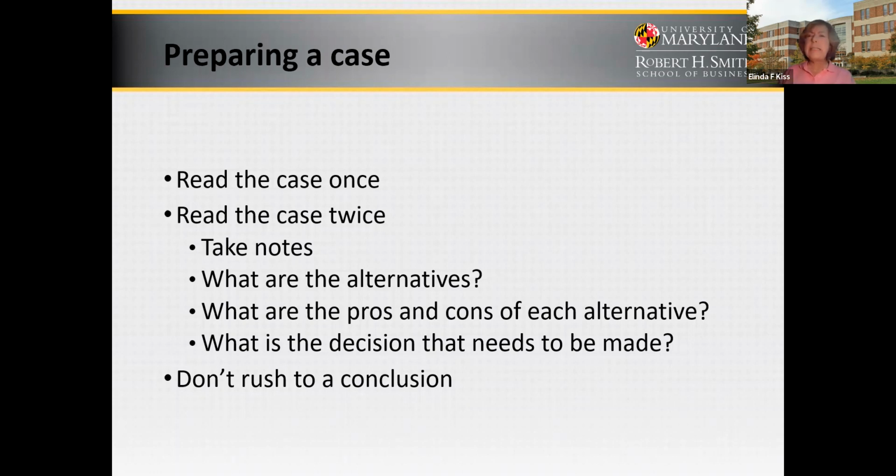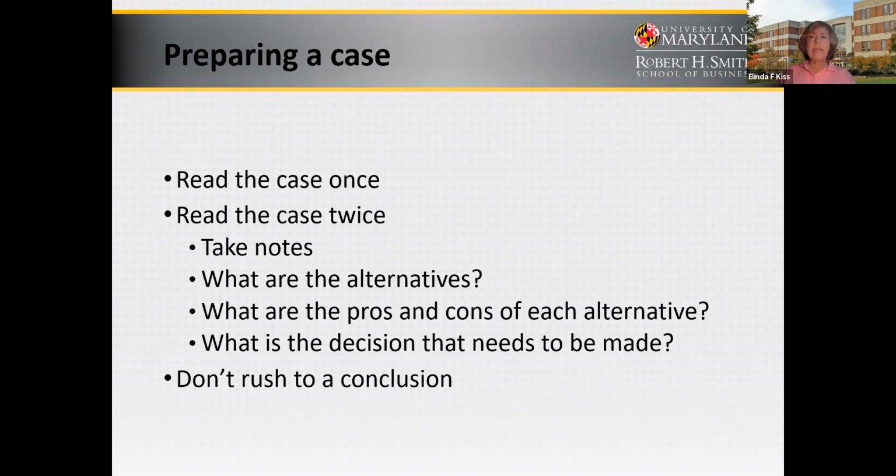So you need to identify what are the key issues related to this problem. What are the alternatives that you can choose from, and what are the good things and bad things about each alternative? What's the reliability of the data that you've been given? And what are the perspectives of the various players in this case?